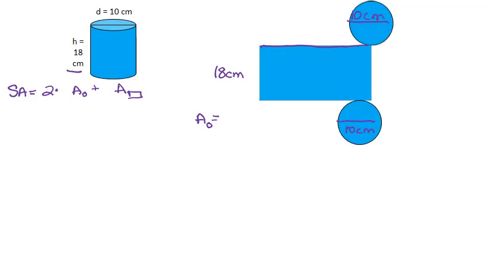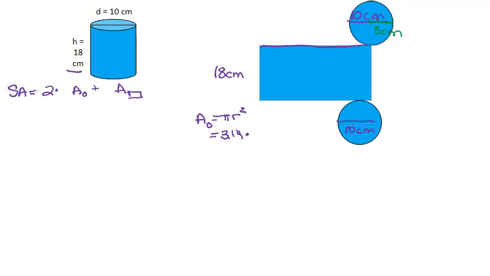The surface area of our circle. Well, we know the area of a circle is equal to pi r squared. Now for pi, we're going to use 3.14 times r squared. Well, we have the diameter of our circle, and that means that our radius has to be half of our diameter, or the distance from the center to the outside, and that would be 5 centimeters, because that's half of 10.